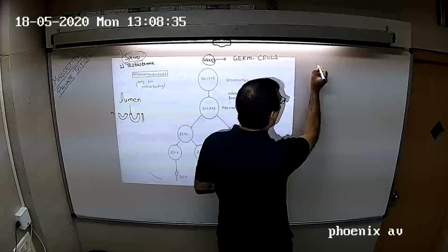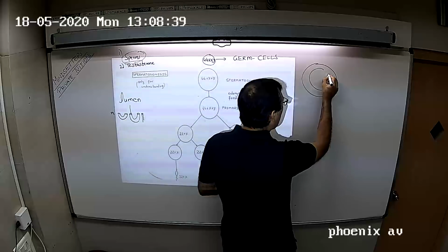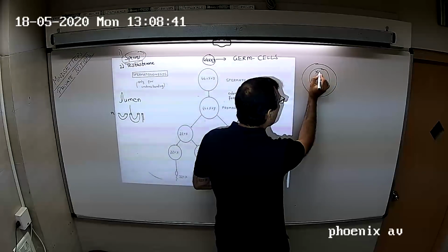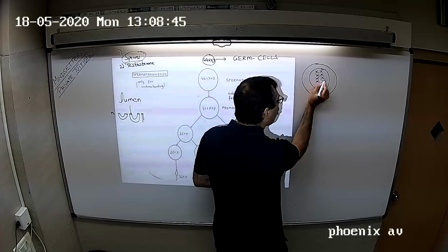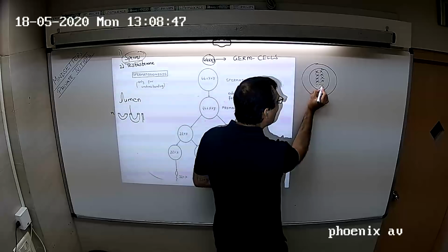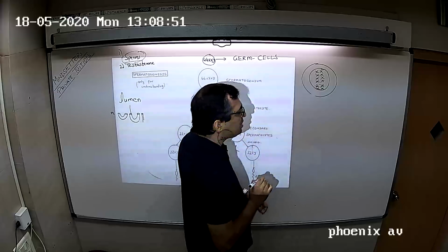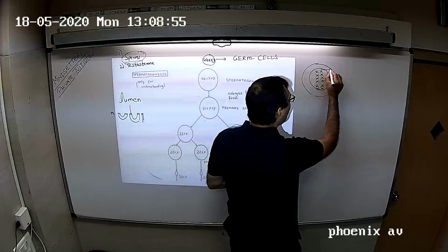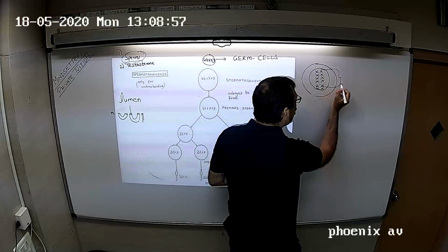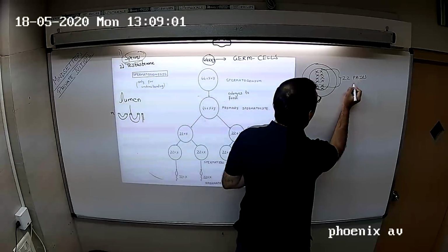So, in a normal diploid cell, we have a nucleus, and in the nucleus we have chromosomes. How many chromosomes do we have? We have 23 pairs of chromosomes, of which 22 pairs are called autosomes.